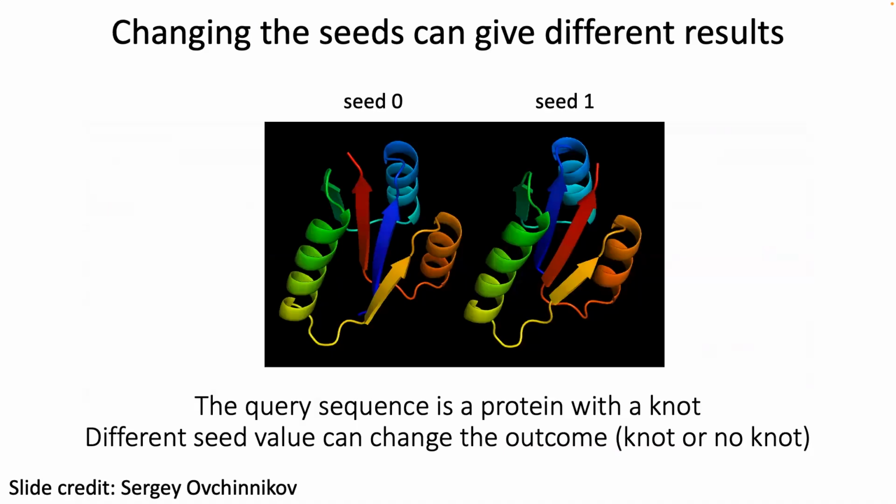Other things that vary the results of AlphaFold include the random seed. You're able to change just the seed number and get different results, which is interesting. We know there's a little bit of randomness in how AlphaFold is initialized, and these can have real biological effects.